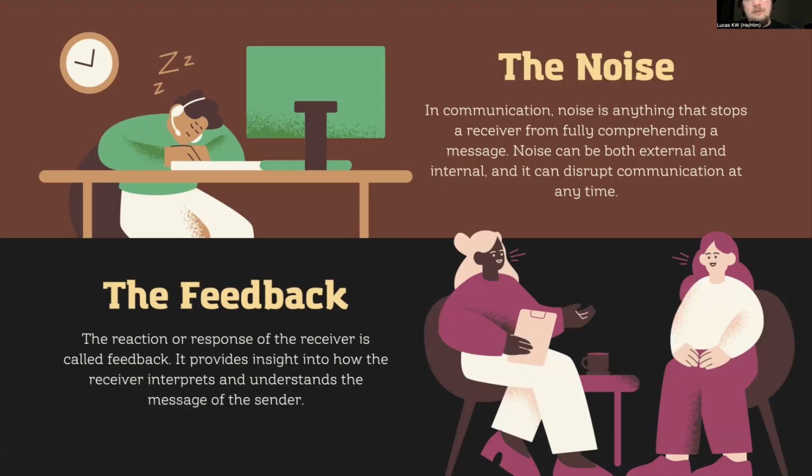And usually they're able to pick up on that, especially if they're a good therapist. They'll be able to pick up on the body language shift and be able to be like, okay, did you really mean that? And this is how mothers know that you're lying because your body language changes when you're lying. And kids are usually not really good at lying for the most part. So that's the feedback. So these are all part of the communication process.